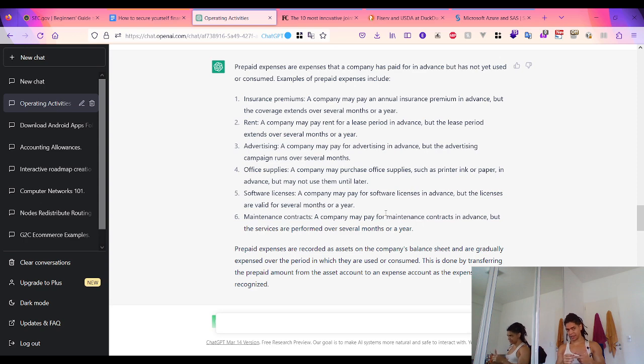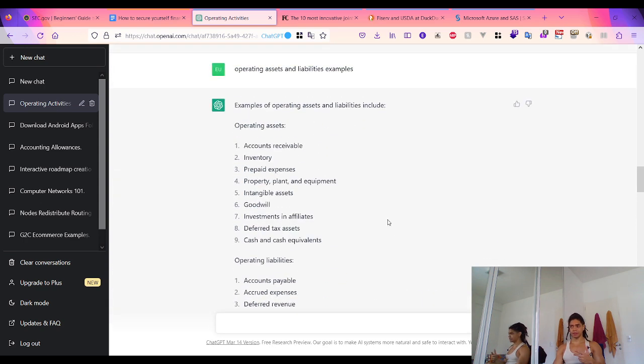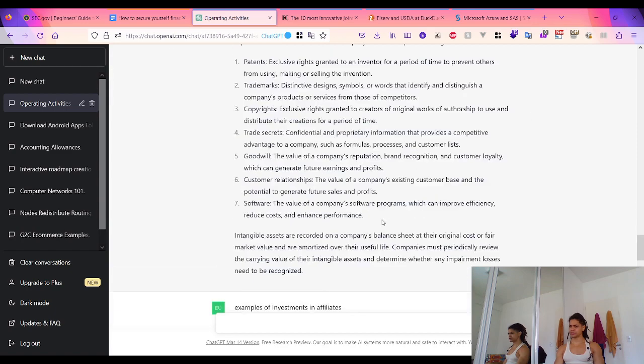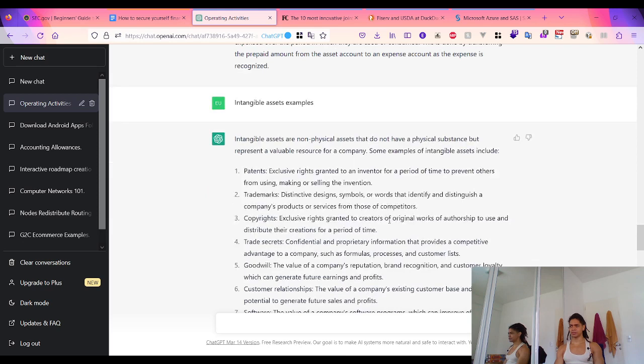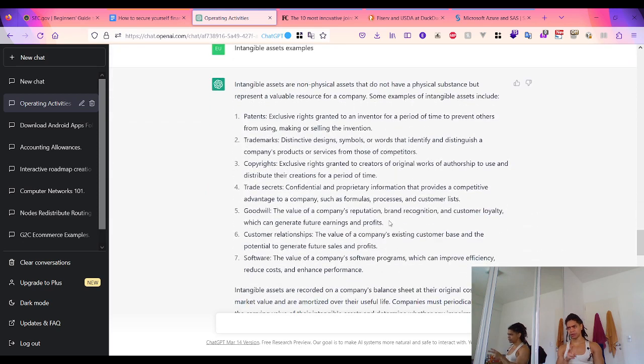You also have operating assets such as property, plant, and equipment, and intangible assets such as patents, trademarks, copyrights, trade secrets, goodwill, customer relationships, and software.